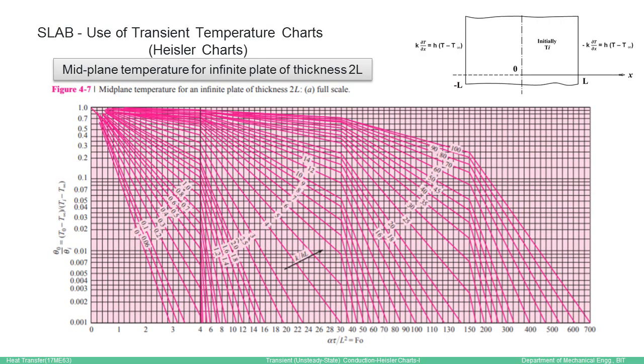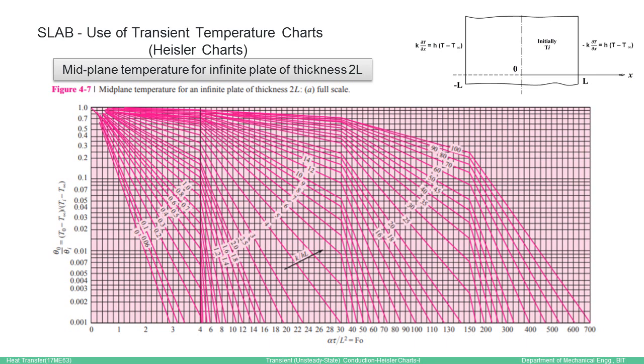The first chart for slabs gives you the mid-plane temperature or the central line temperature at any given time t. So using t and geometrical and thermal properties, we can find the Fourier number, because Fourier number is given by alpha t divided by L square, where L is half the thickness of the slab.